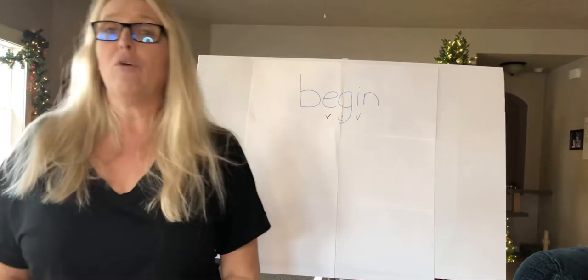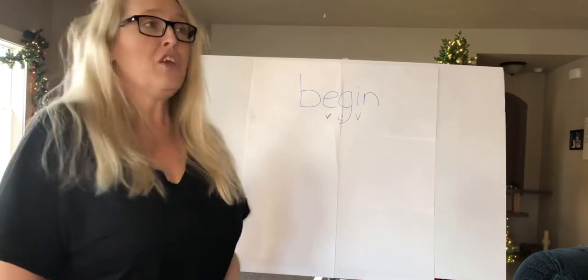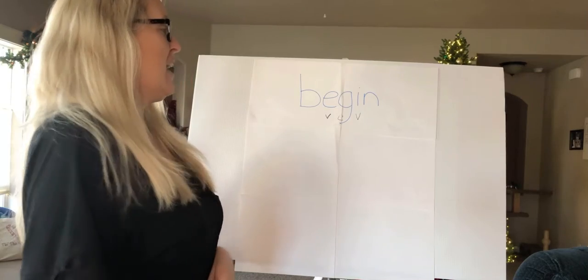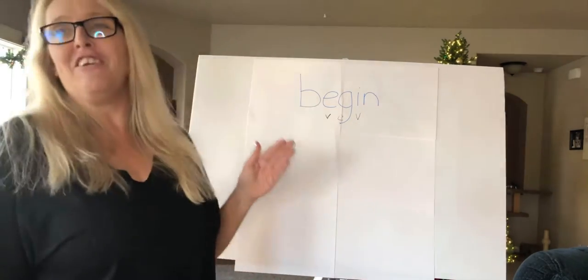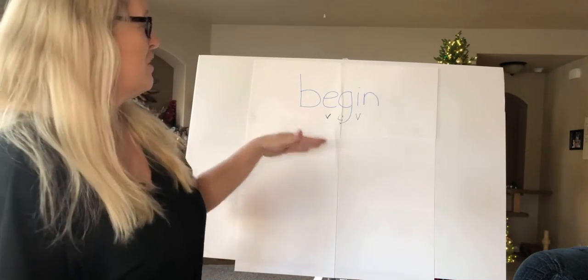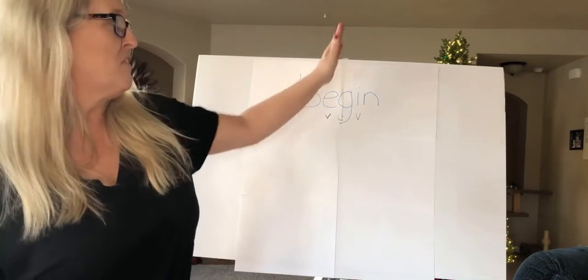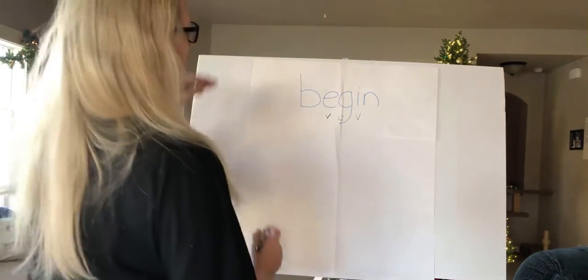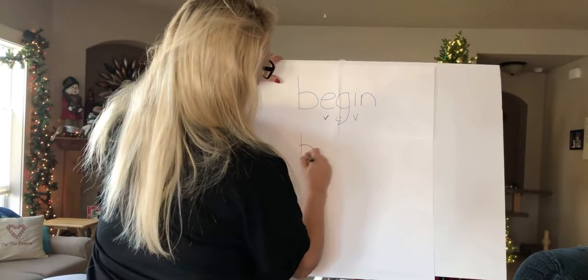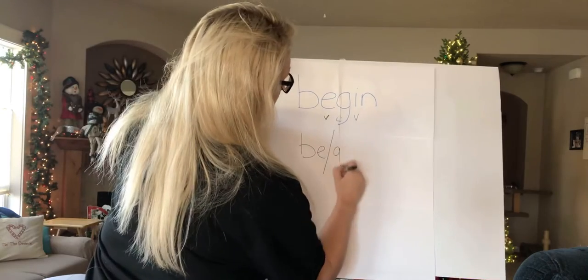Okay, so now our rule of thumb says that when you have a VCV pattern, you want to divide the word after the first vowel. So in this case, we want to divide the word begin after the BE and before the GIN.